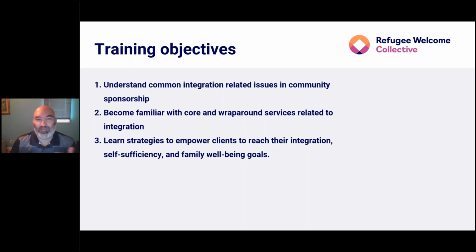Before we start in terms of integration, I do want everyone here in the audience to think to themselves, sometimes what we call blue sky thinking: what are your real hopes and dreams, perhaps, for clients? What does it look like? What does it feel like?